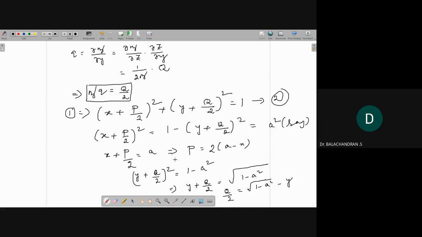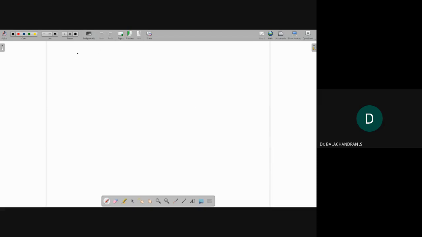So capital Q equal to 2 times (root of 1 minus a square minus y). So we find the value of capital P and capital Q. Now capital Z is equal to capital P dx plus capital Q dy.